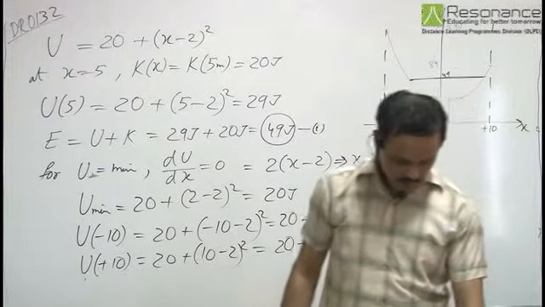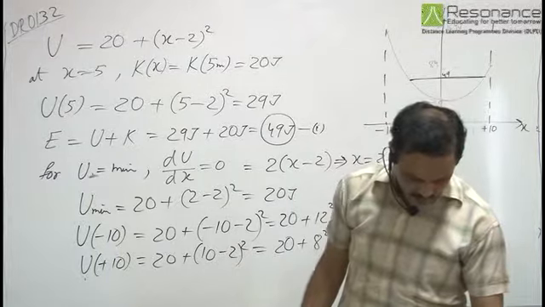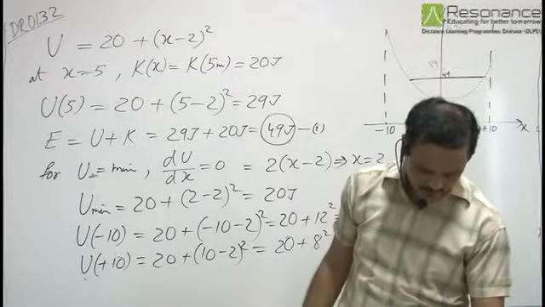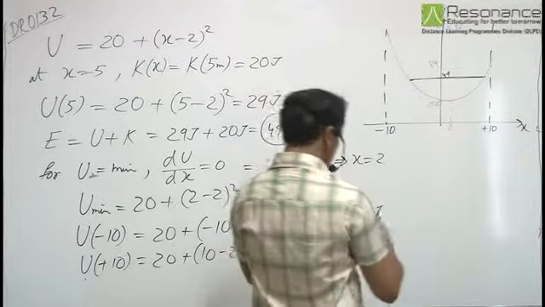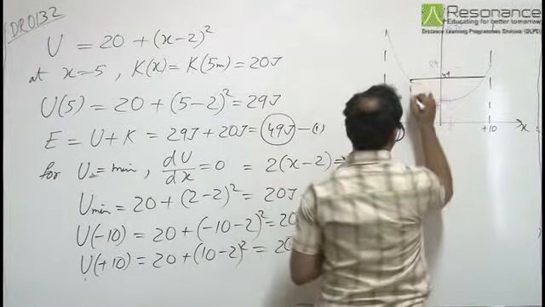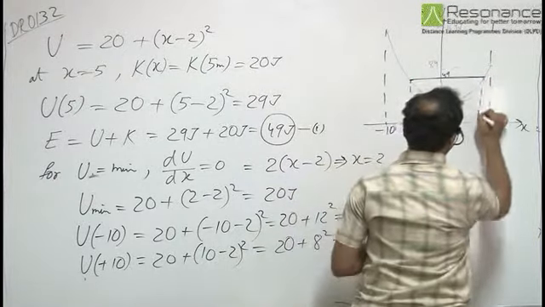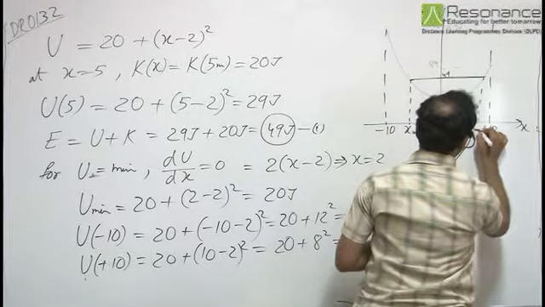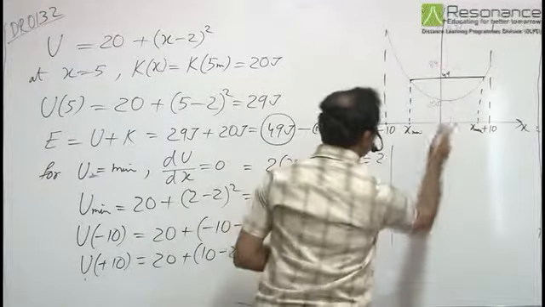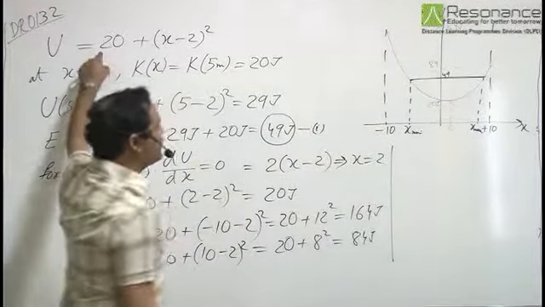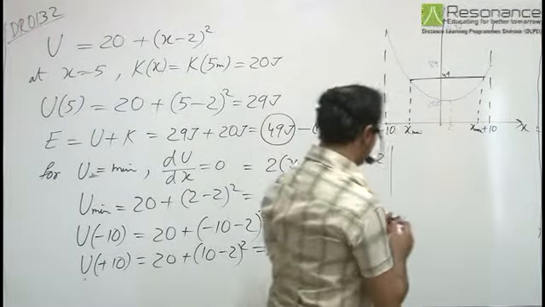Now we need to determine the least value of x and greatest value of x between which the particle can move. So we need to find x minimum and the maximum value between which the particle can move. When potential energy is 49, then kinetic energy is 0.